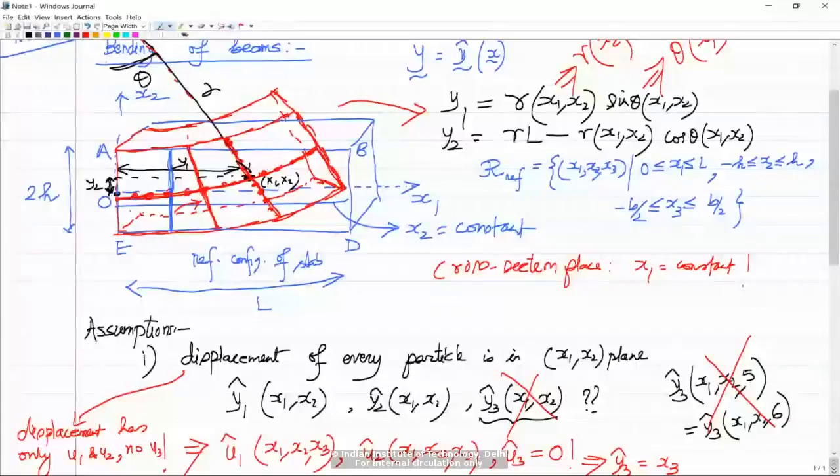But why should that be? Why should we have that assumption? For now, our assumption does not say what the radial function should look like. And in fact, for a general deformation, in case of pure bending, that is not true also.